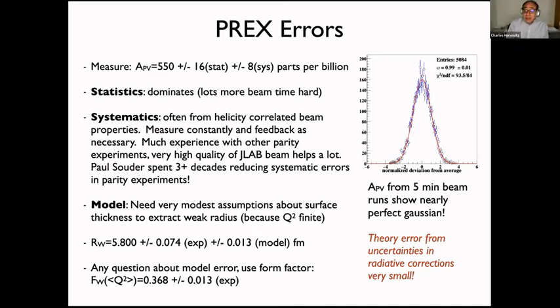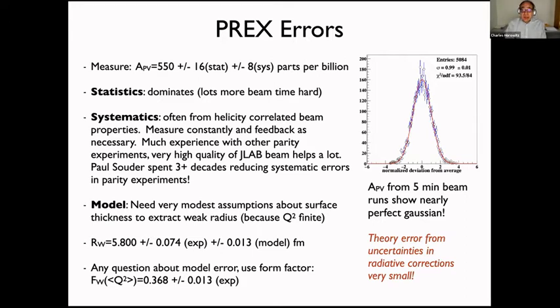And so these helicity correlated beam properties are measured constantly during the experiment. And when necessary, there's feedback controls in place to keep the helicity correlated beam properties small.